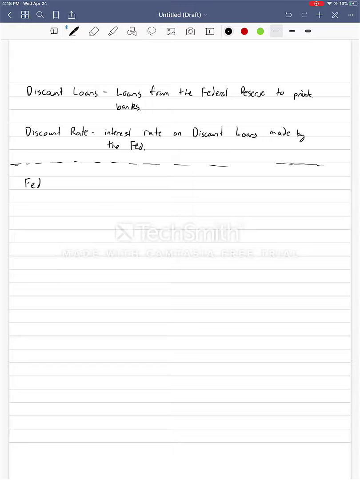So the Fed as a regulator of individual banks includes setting and also monitoring reserve requirements.